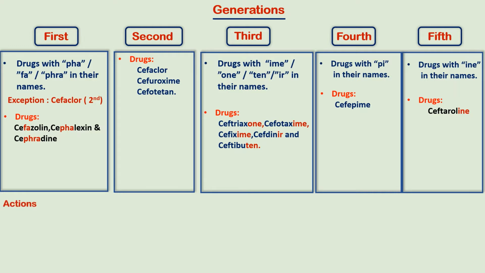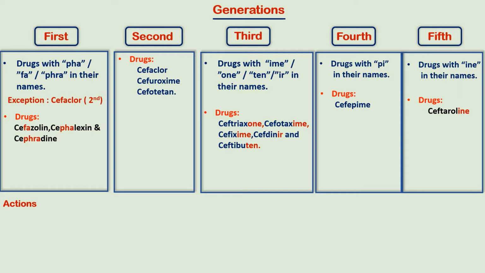Now coming to their action, that is, against which bacteria they are used. As a general rule, just remember that the gram-positive activity will decrease as we go from the first to the fifth, while the gram-negative activity will increase as we go from the first to the fifth.